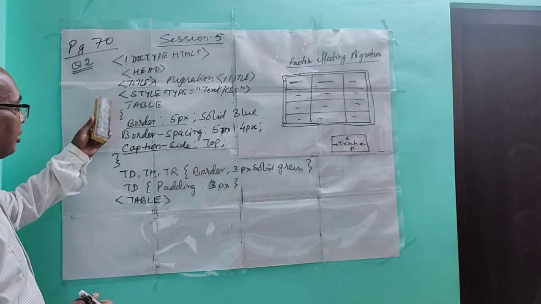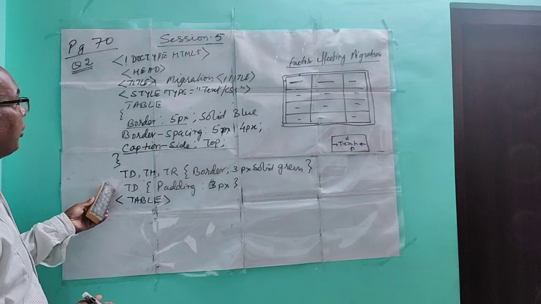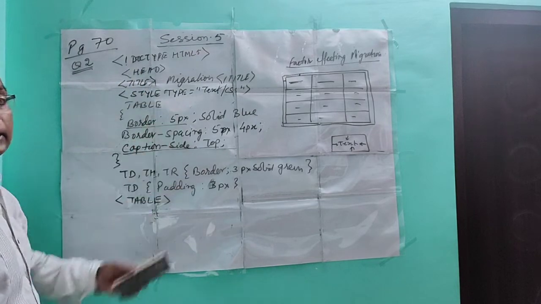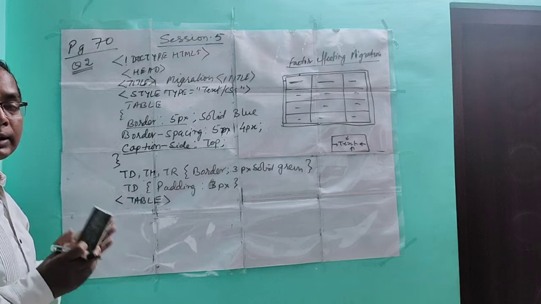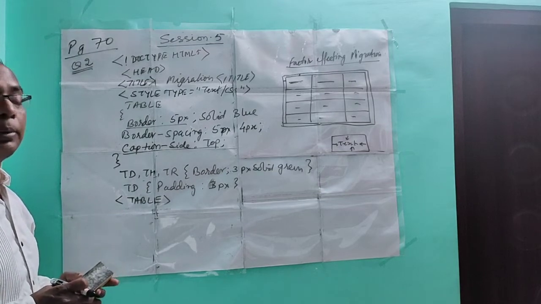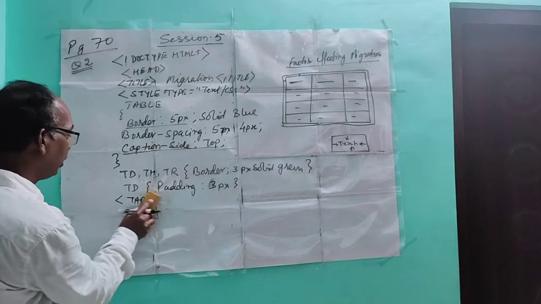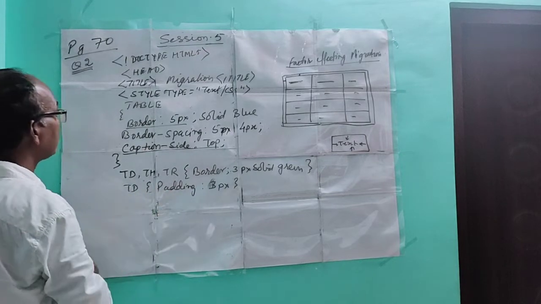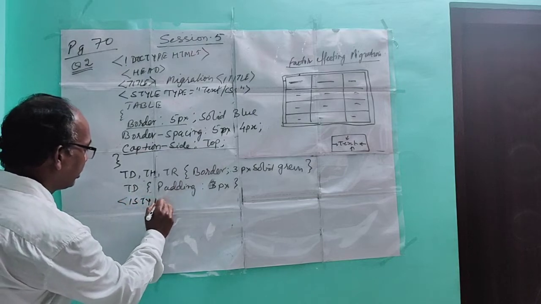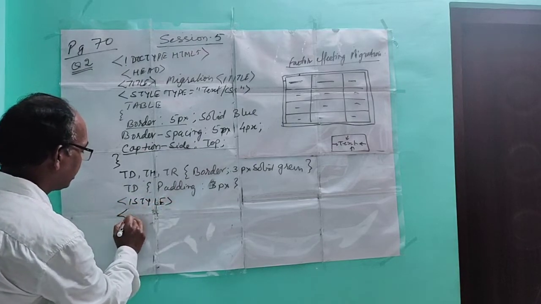If you don't close the style tag or head tag, then all these things will appear in the head part of the document, and in that case nothing will display in your web browser. So we have to close the style part first, then close head.